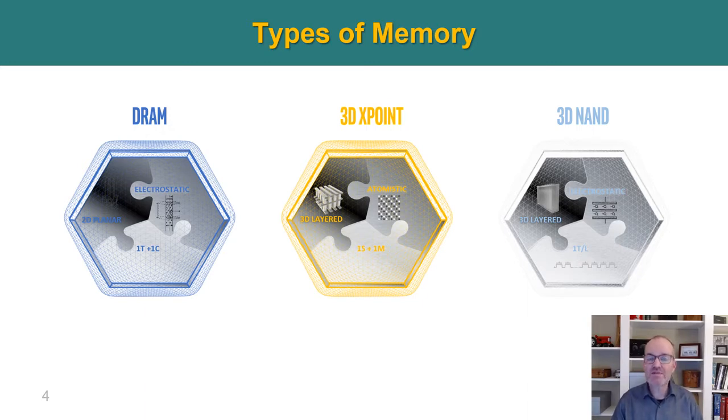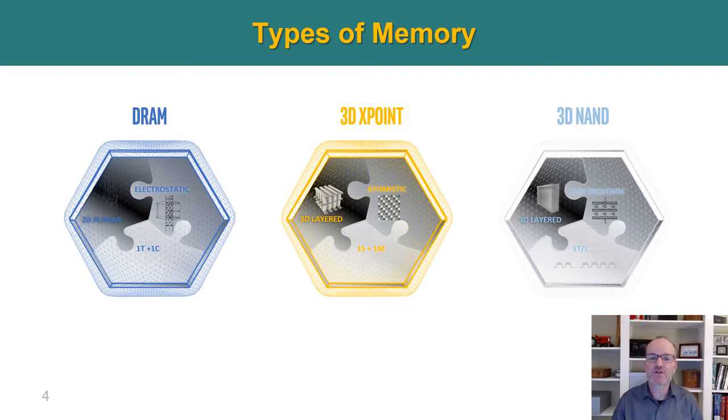Both DRAM and 3D NAND have a transistor as a part of the cell. DRAM adds to that transistor a very large capacitor, and I'll show you the size of that next. 3D XPoint, on the other hand, really just has a selector and a memory element per cell. It doesn't have a transistor per cell.